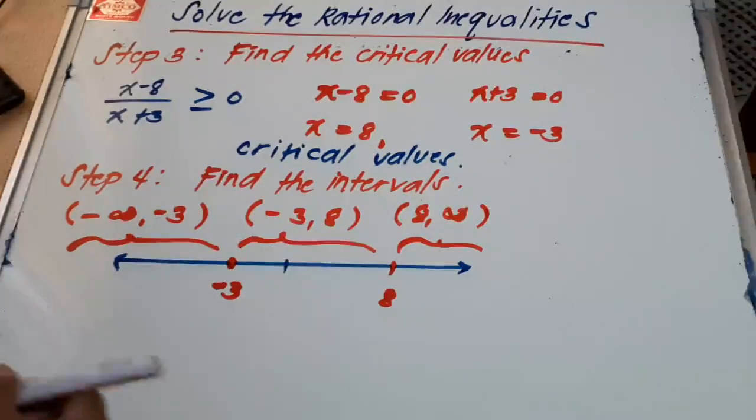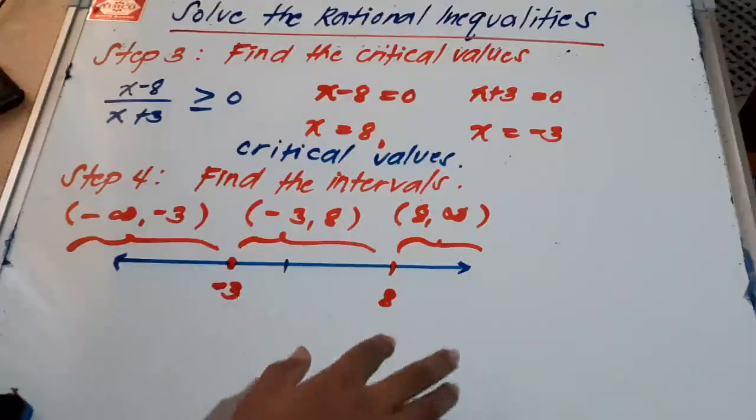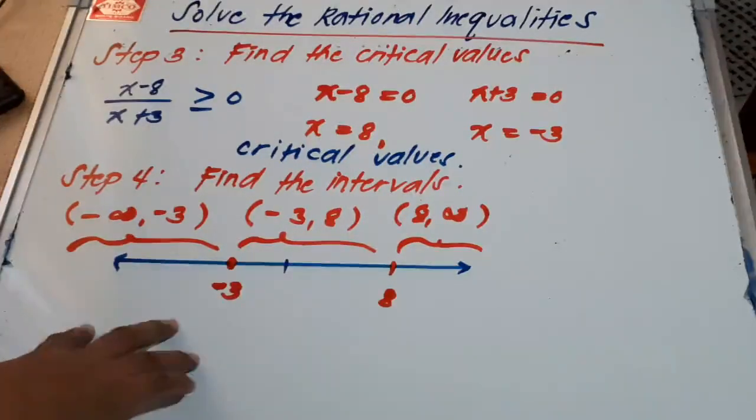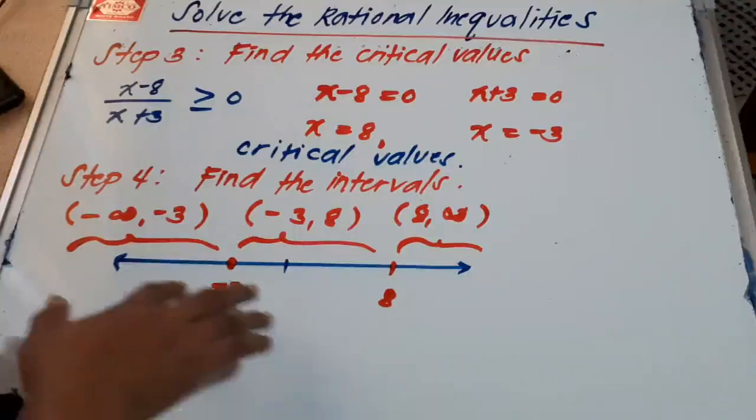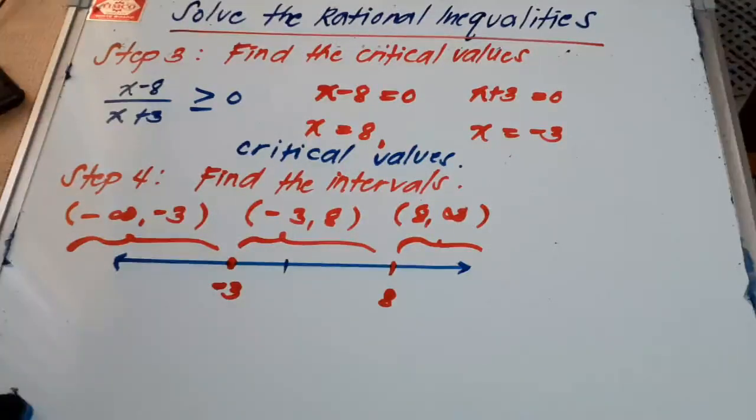Okay. Yung intervals na yan, ang gagamitin natin para malaman natin kung ano yung solution set ng ating given rational inequality. We're going to assign values dito sa mga intervals na to test if this is part of the solution ng ating rational inequality.